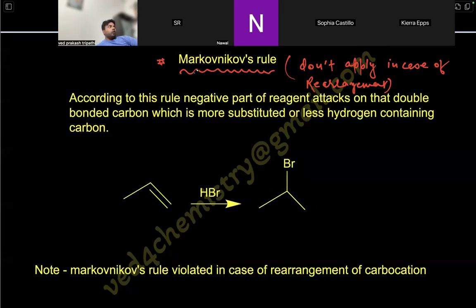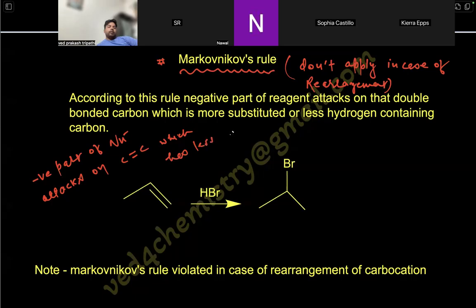So Markovnikov's: the negative part of the nucleophile attacks on the double bond carbon which has less number of H, less number of protons.